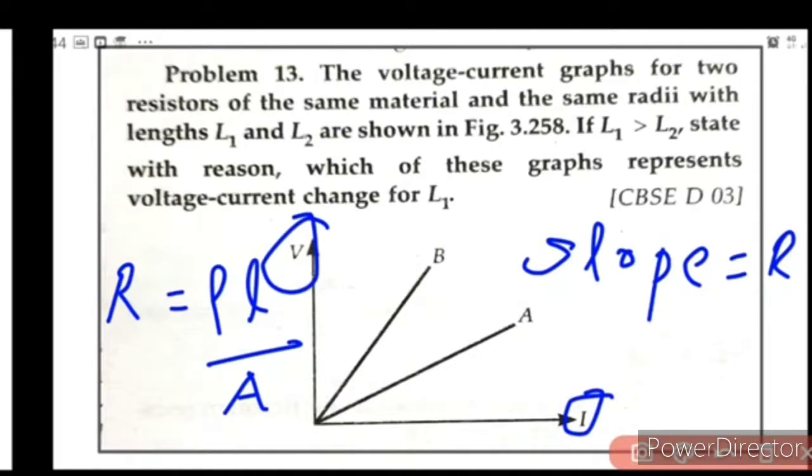As the length increases, resistance will be more. So which of these graphs represents the voltage-current change for L1? Higher resistance will be for L1 because L1 is greater than L2. Higher resistance is for which graph here? B, because B has more slope. So L1 is represented by graph B.